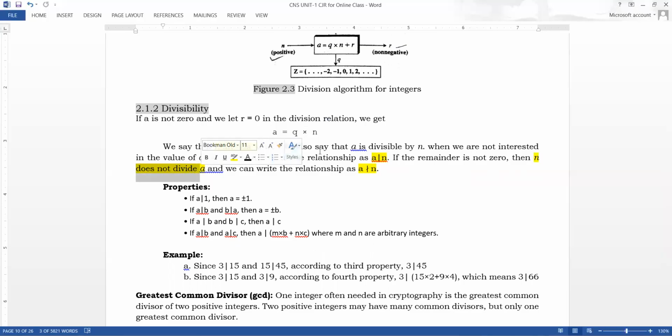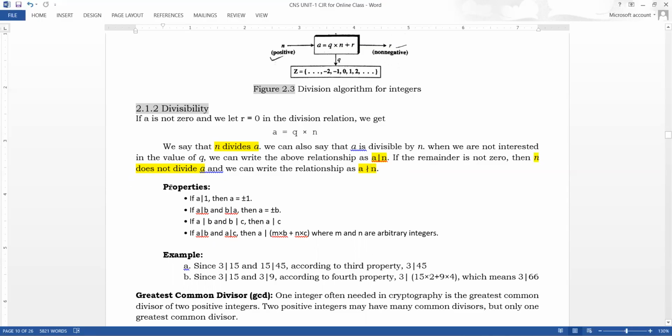Here this is the symbol for divides. So a divides n means n divided by a gives remainder 0, and a does not divide n means n divided by a gives remainder not equal to 0.